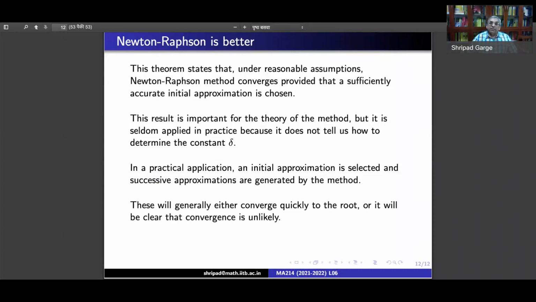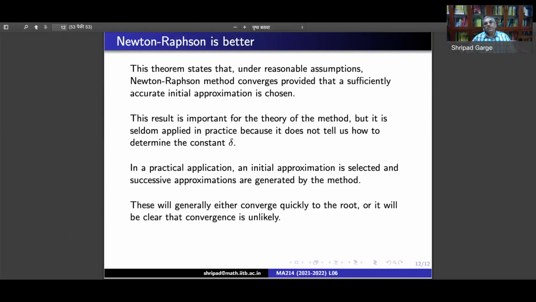So this is what is good about the Newton-Raphson method: you start with an initial approximation, compute the derivative, do the fixed point iteration, and it will be very clear that the approximations are stabilizing, or it will also be clear that you are not getting a fixed point.